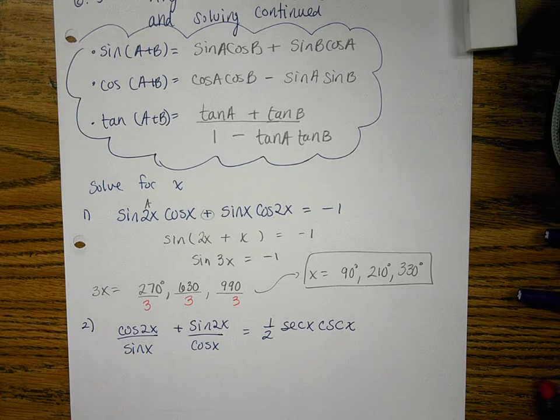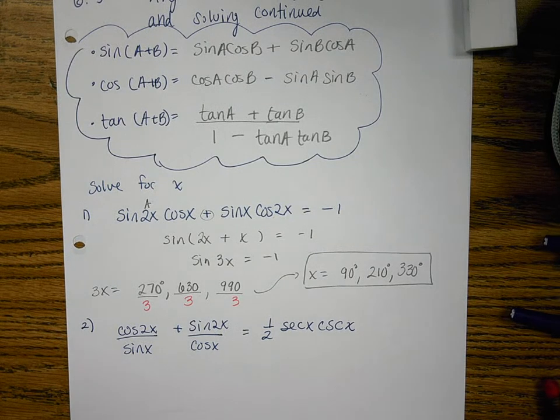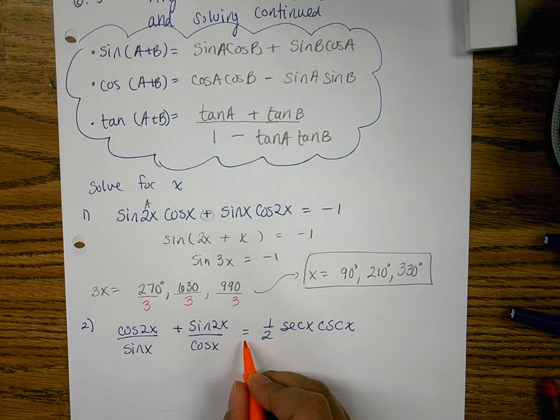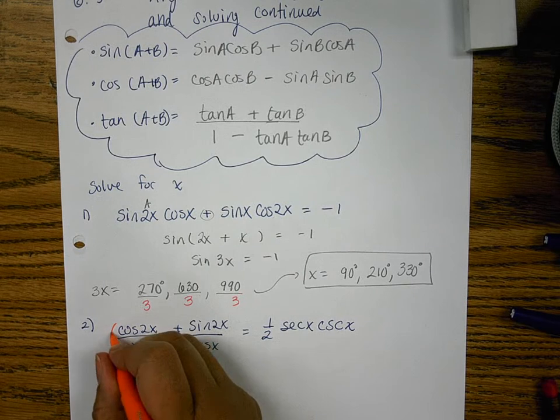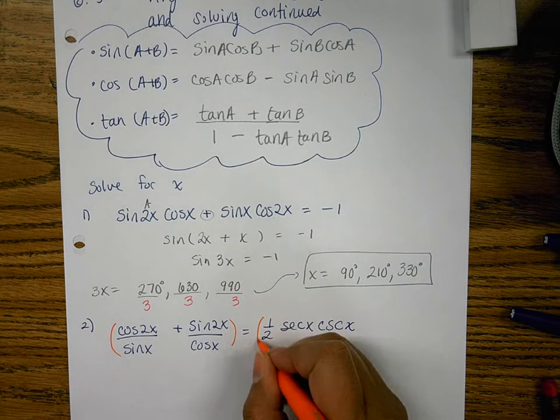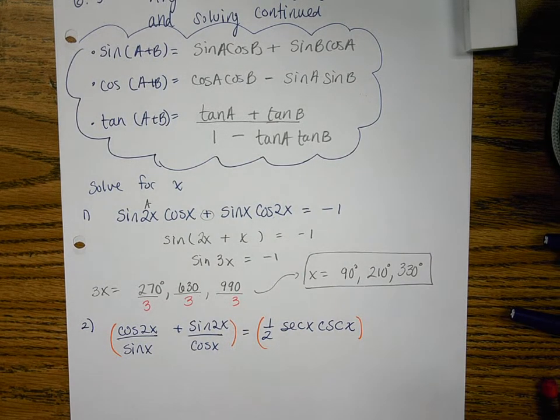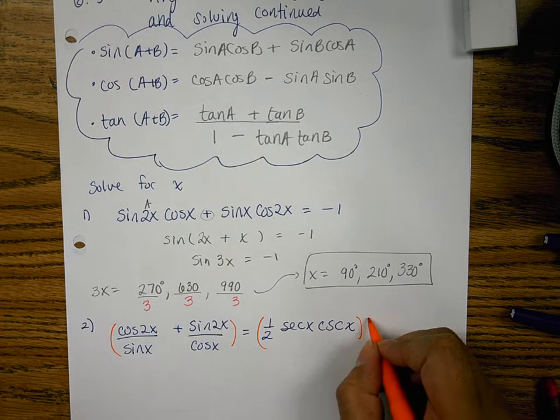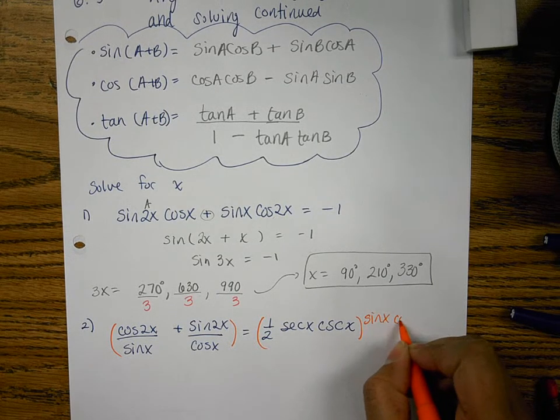Now kids will often try to say, oh, this reduces to 1. No, secant and cosecant are not reciprocals of each other. All right, so this does not reduce, but we're trying to solve. There's no GCF, but I can clear my fractional equation because it's an equation. It does not have to be a complex fraction.